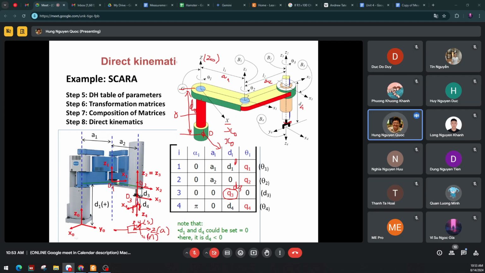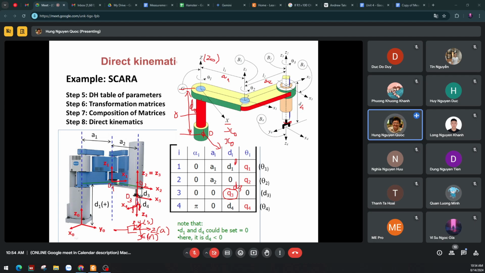Usually for a gripper, you should choose like that: N, S, A. A is the approach, S is the sliding, and N is the normal. Usually like that.